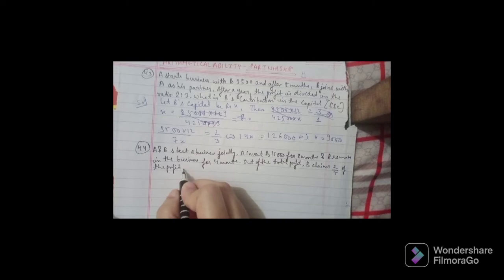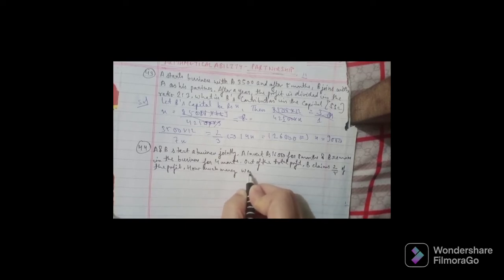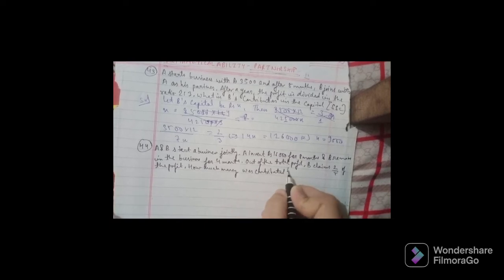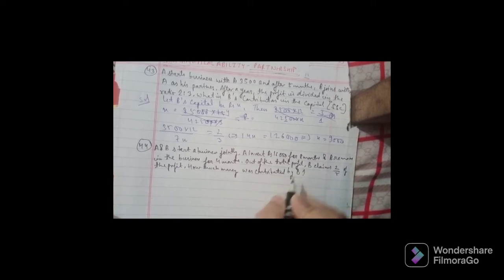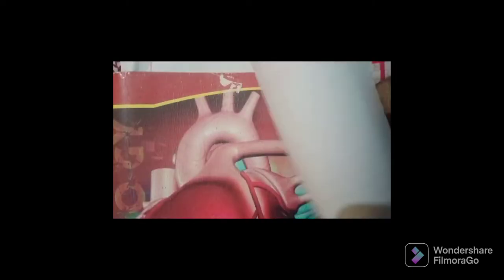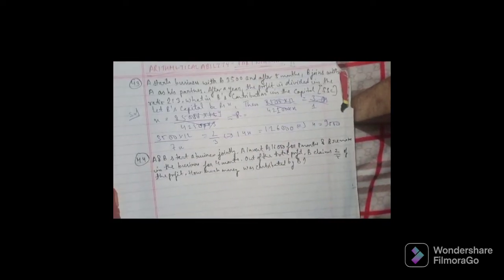How much money was contributed by B? This is what we have to talk here, and the options once again are 10,500, 11,900, 12,800 and 13,600. So let's go for the same. You can try by your side.